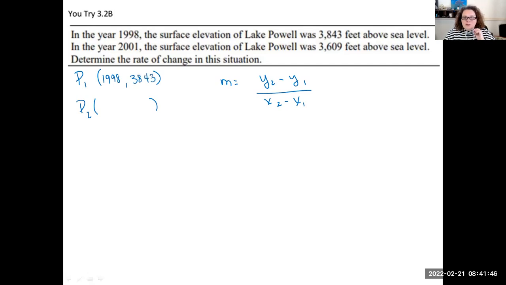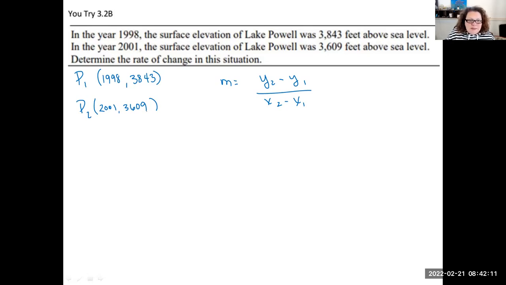In the year 2001 input, the surface elevation of Lake Powell was 3,609 feet above sea level. So given the year 2001, the output was 3,609. Determine the rate of change in this situation. Okay, which is just finding our slope, our m.